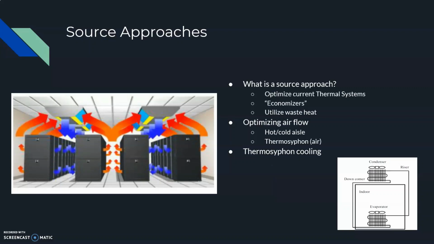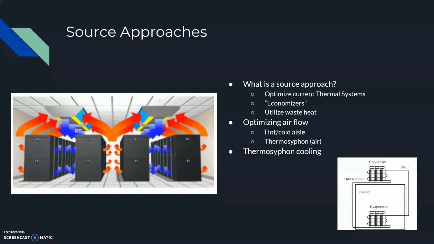Now, another way we can deal with our problem of heat generation is source approaches. And our source approach is trying to optimize the current systems to be more efficient and therefore more sustainable. Now, another great way to do this is to use systems as economizers. And economizers are a system that isn't enough to remove all of the heat that you want to, but it is enough to improve the efficiency.